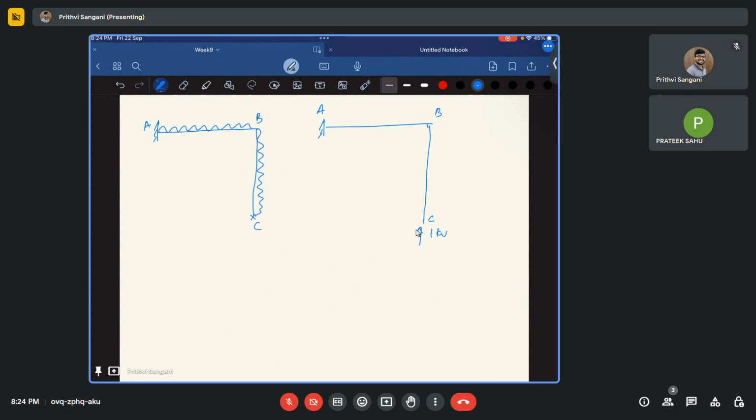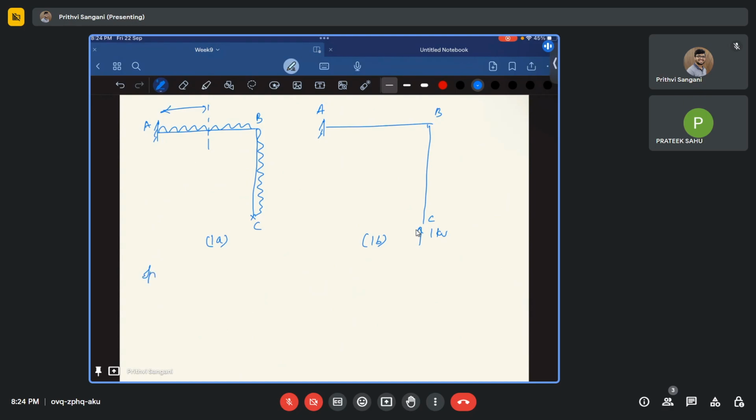Let us call this, I don't want to call it 1 1, so I'll call this 1A and this is 1B. First you'll find out the bending moment in both the frames. What is your bending moment in span AB?